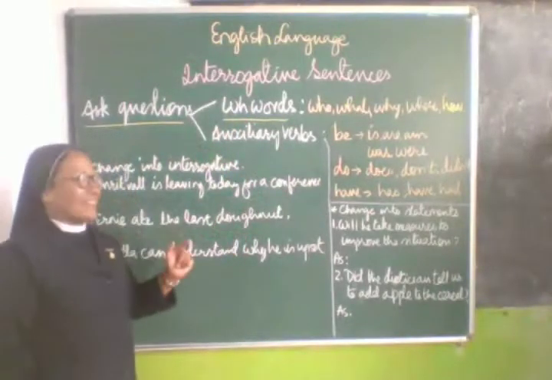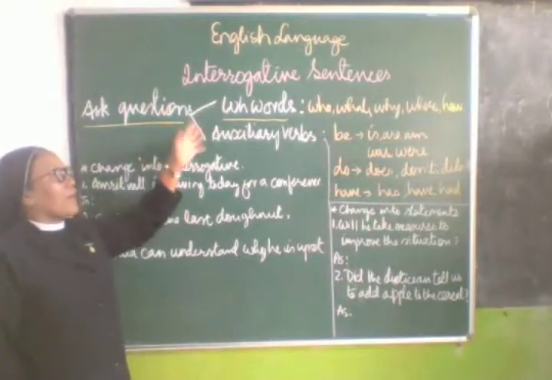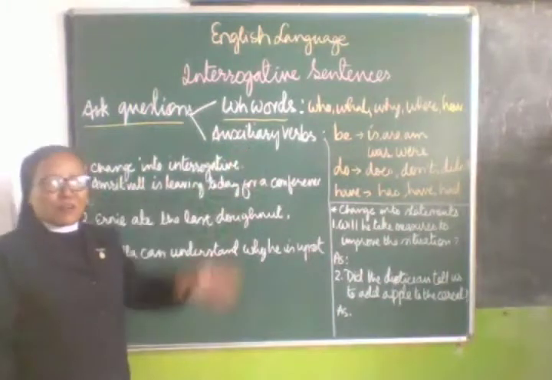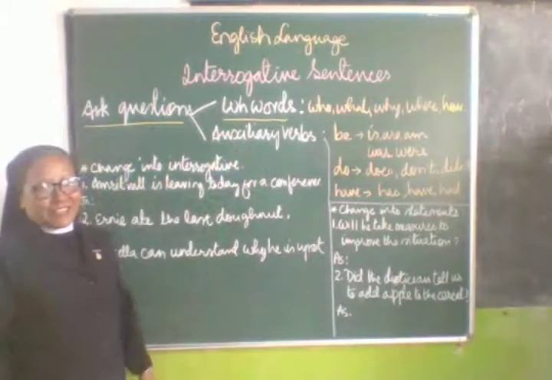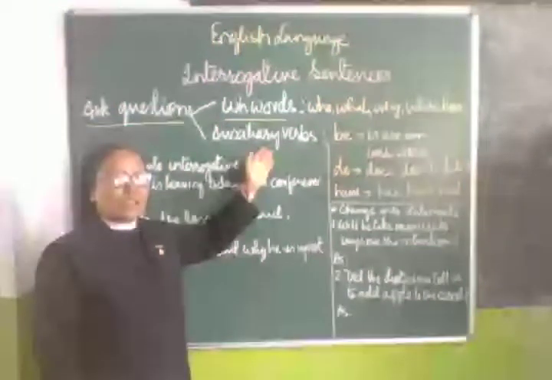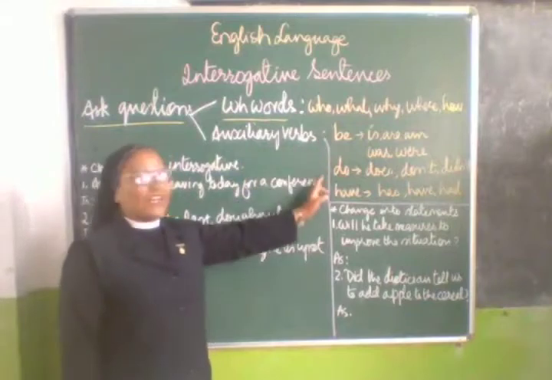Remember that. Secondly, we can also make questions using the auxiliary verbs. Auxiliary verbs are helping verbs. These auxiliary verbs we get in the form of be, do, or have.